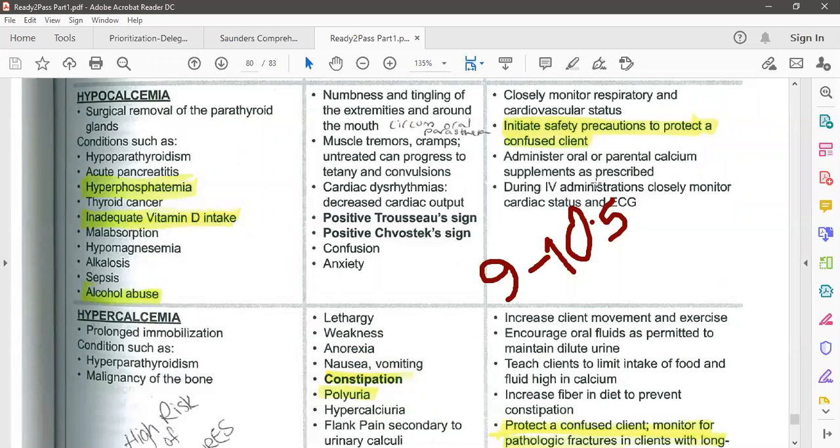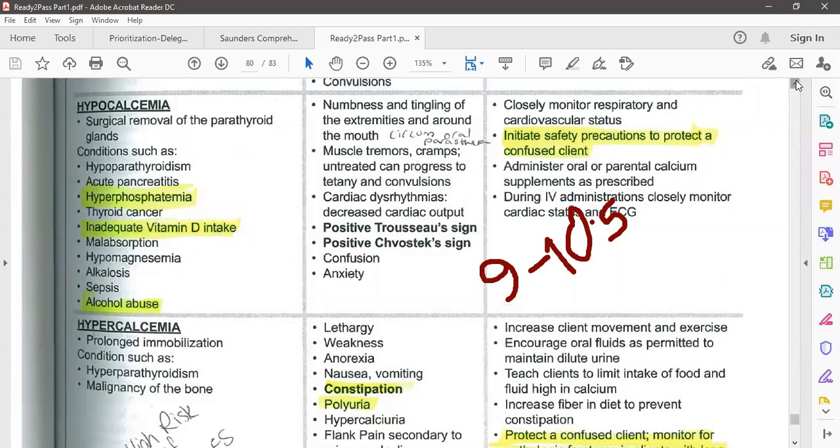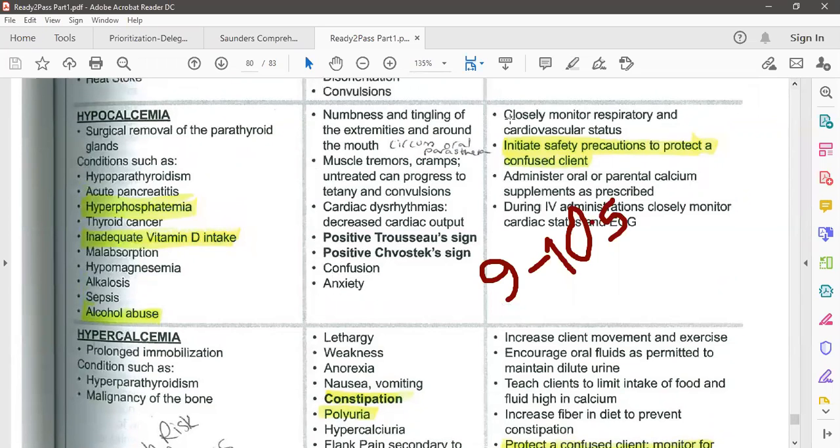So if the patient has developed hypocalcemia, what are your responsibilities as a healthcare provider? We have to closely monitor respiratory and cardiovascular status, and initiate safety precautions to protect the confused client. Administer oral or parenteral calcium.